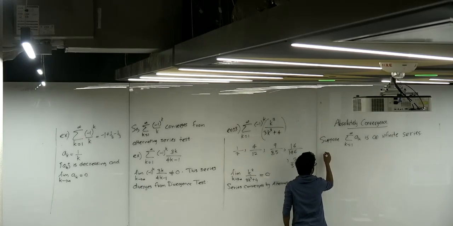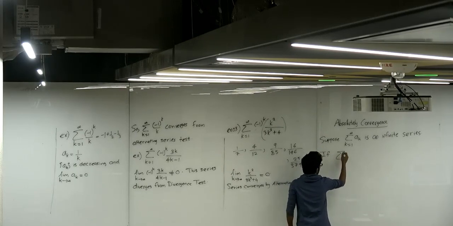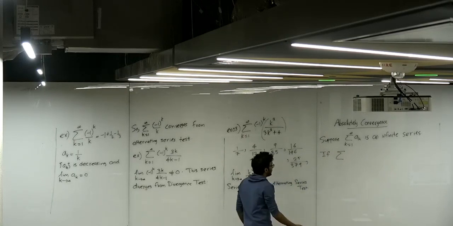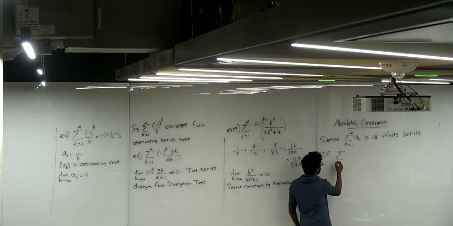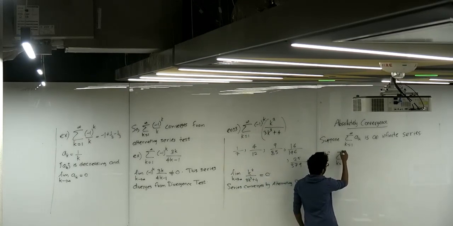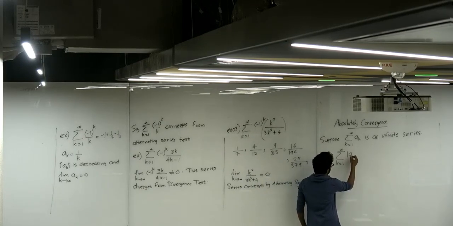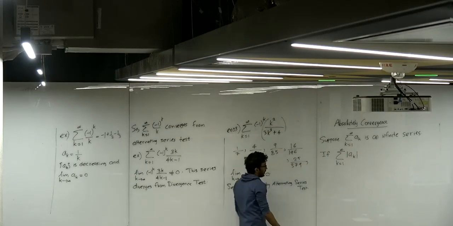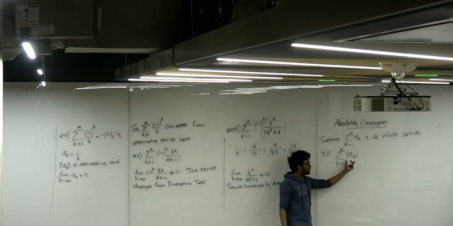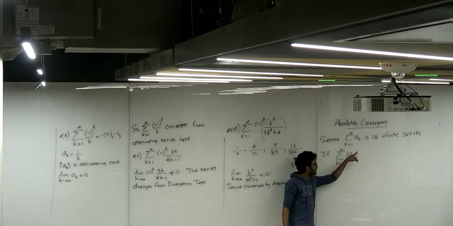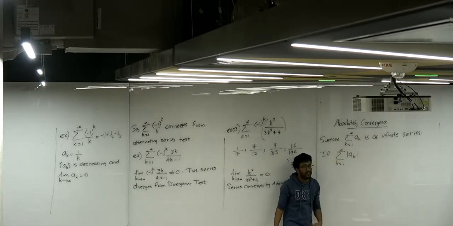Instead of considering this series, we are going to consider the series derived from its absolute values. Now, absolute values are positive. So to test the convergence of this series, you can apply any test that you learned.